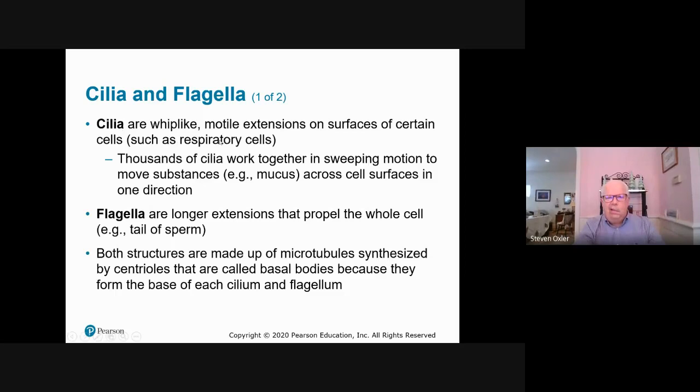Cilia, respiratory cells. They sweep the mucus. They get rid of dust in your respiratory tract. They get rid of bacteria. Flagella, long extensions, a tail that propels the sperm so it can fertilize the egg.